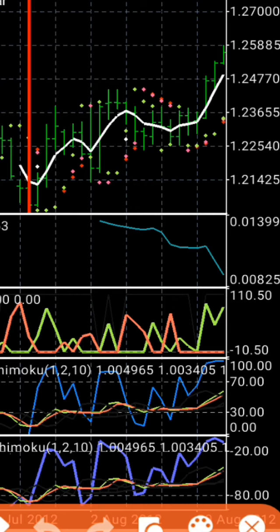the Euro USD. Why I chose the Euro USD is because it is unsteady. I use the term unsteady because there is a belief that there are a whole lot of manipulations behind this pair.